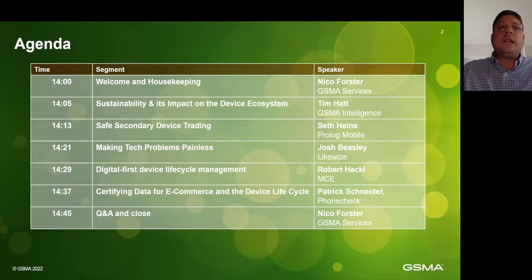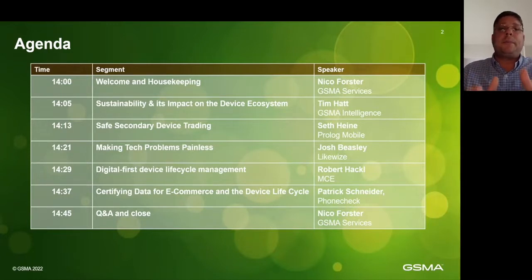It should also provide an overview on how GSMA's device data is helping businesses make the most of the growing pre-used mobile device market, giving practical solutions and use cases for the challenges it faces around the demand for increased sustainability. We have some great speakers today who are going to present to you and are going to talk around this topic.